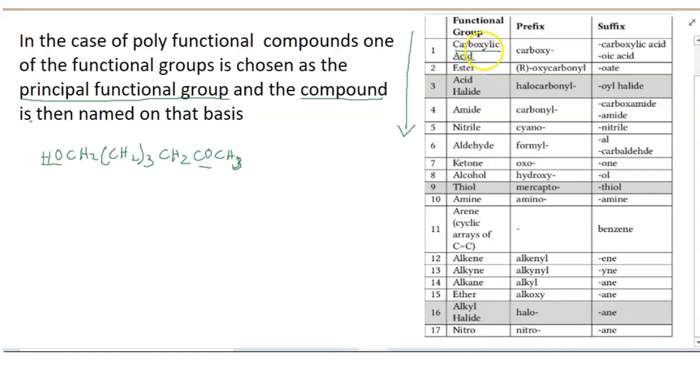First is carboxylic acid, which I take as the principal functional group. After that, ester, acid halide, amide, nitrile, aldehyde, ketone, alcohol, thiol, amine, benzene, alkene, alkyne, alkane, ether, alkyl halide, and nitro group.